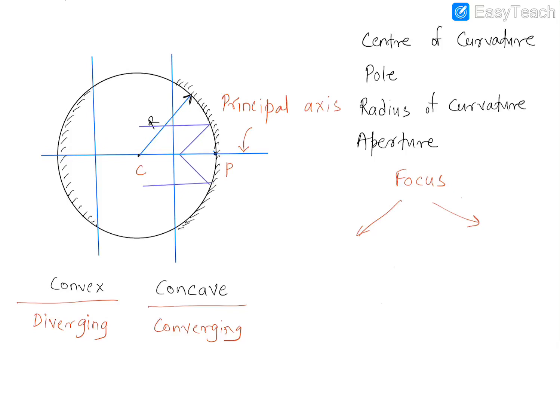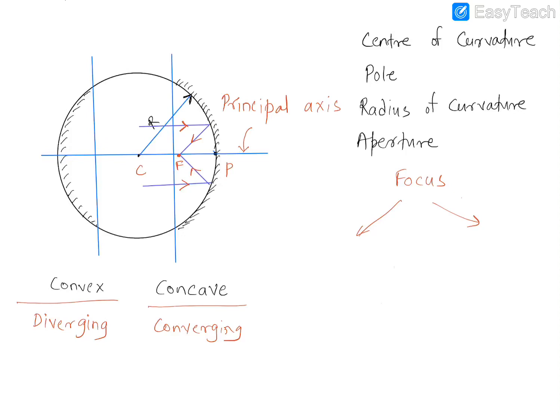And that one point where they all meet is called what? Focus. See, this is your incident ray, reflected ray, incident ray, reflected ray, and this point is called F, which means focus. So what is focus? It is a point on the principal axis where the incident light rays which are parallel, after reflection, will meet at a point, and that point is called the focus.